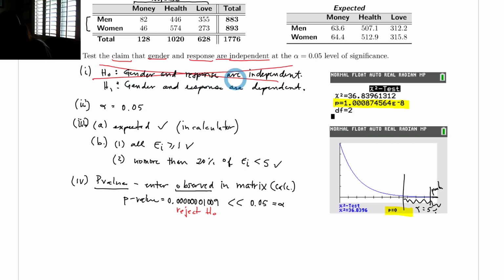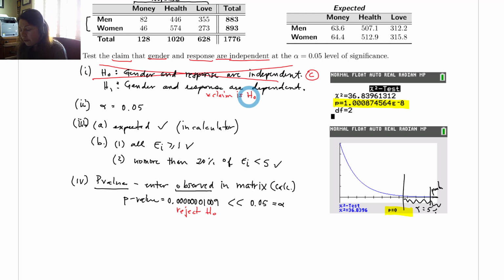Gender and response are independent. Our claim was our null. So let's make a note right here. The claim is the null. But the p-value was so small, we rejected the null. So if we reject the null, what else are we rejecting? We're rejecting the claim. And therefore, there is not enough evidence to support the claim.